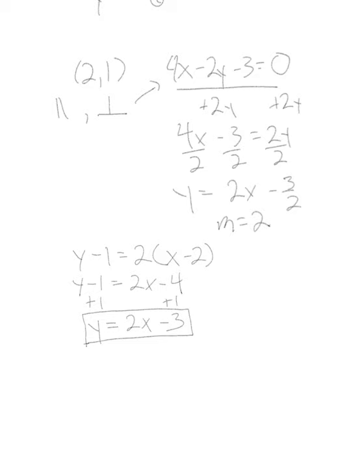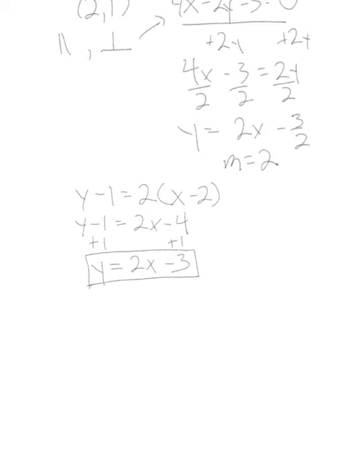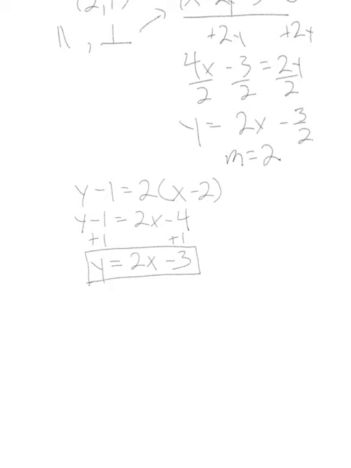Remember, perpendicular is the opposite inverse, so we're going to use point-slope form and turn that into slope-intercept form. So this is y minus 1 equals, not 2, we want perpendicular now, so we want the opposite inverse, which is negative 1/2, times x minus 2.